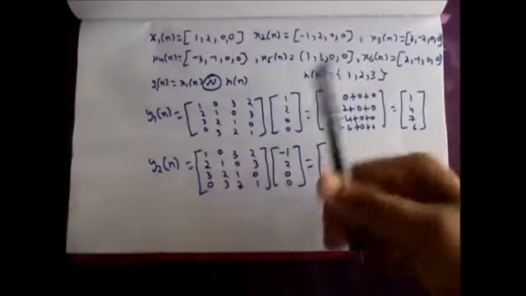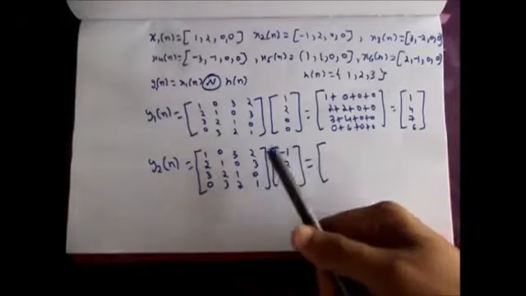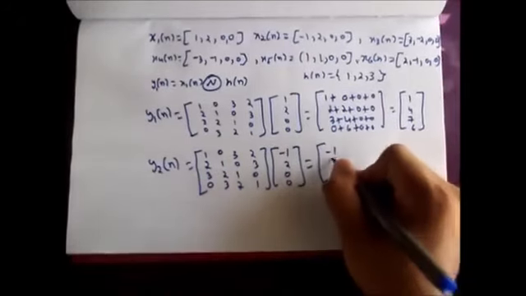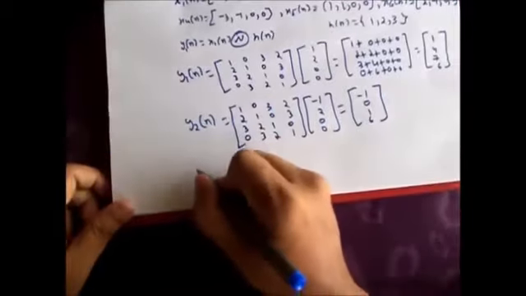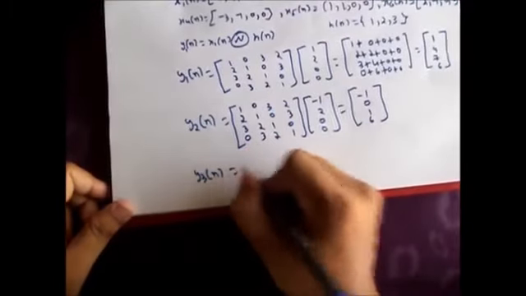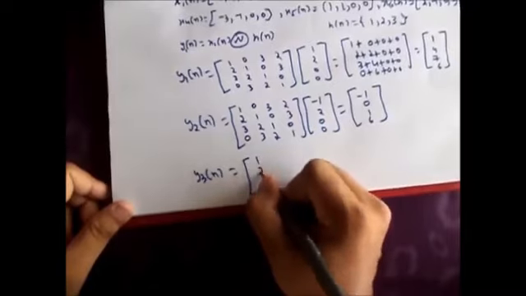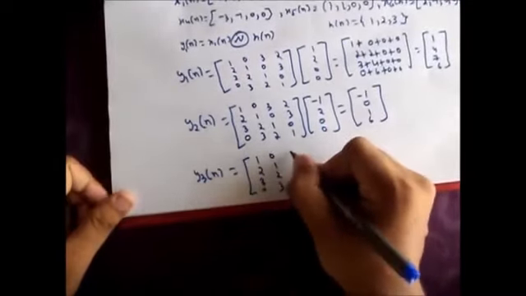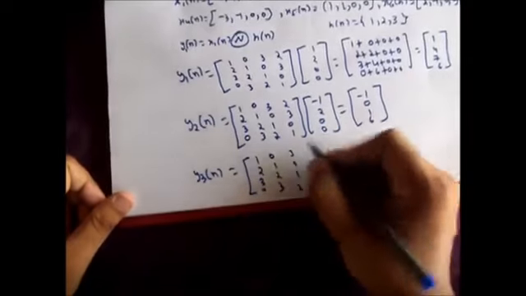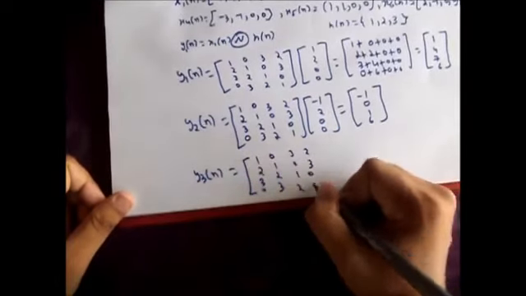And if we calculate this, we find the value as -1 0 1 6. Then for the third input data block, again circular shifting, 0 1 2 3, 3 0 1 2, and 2 3 0 1.